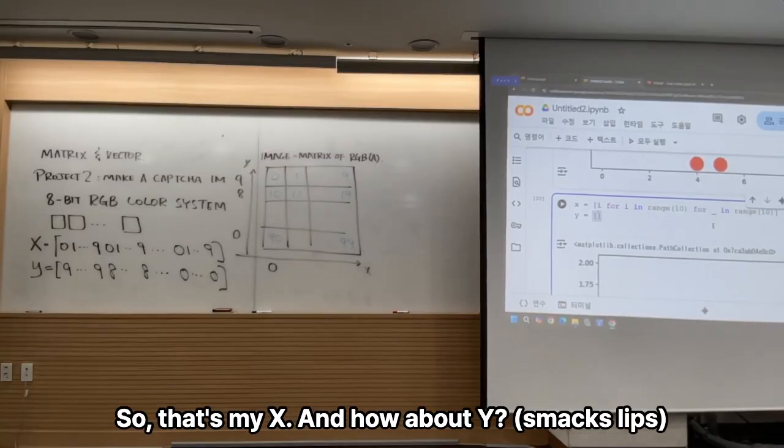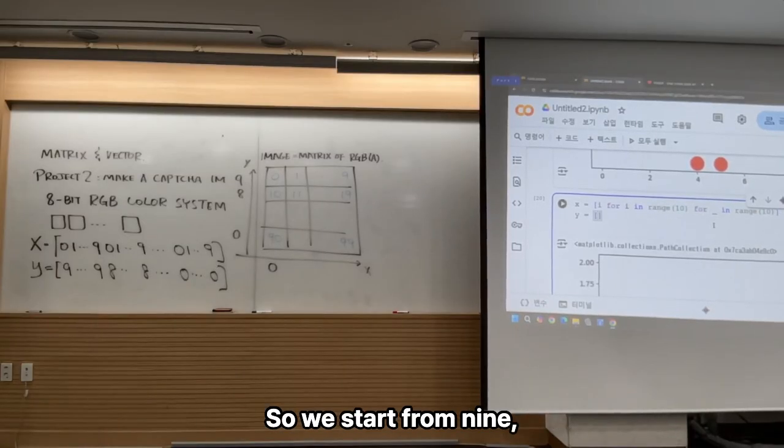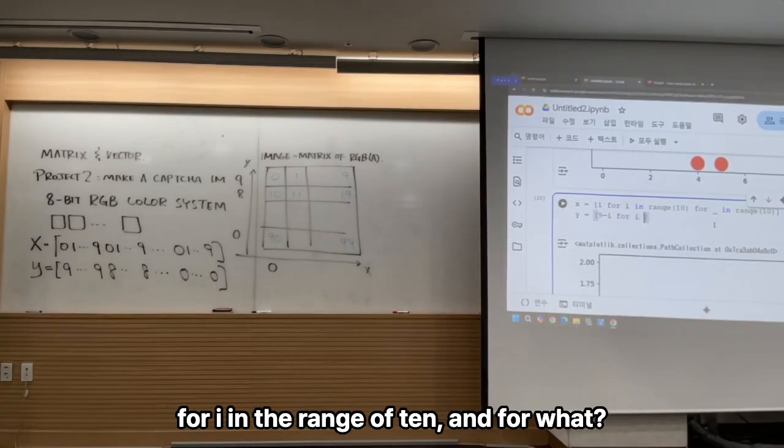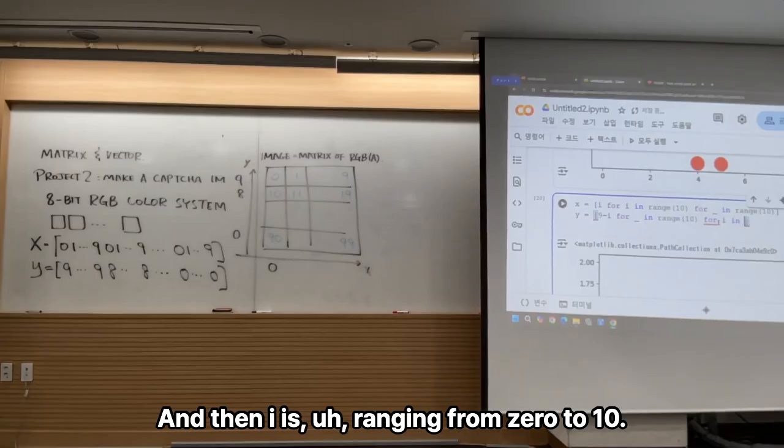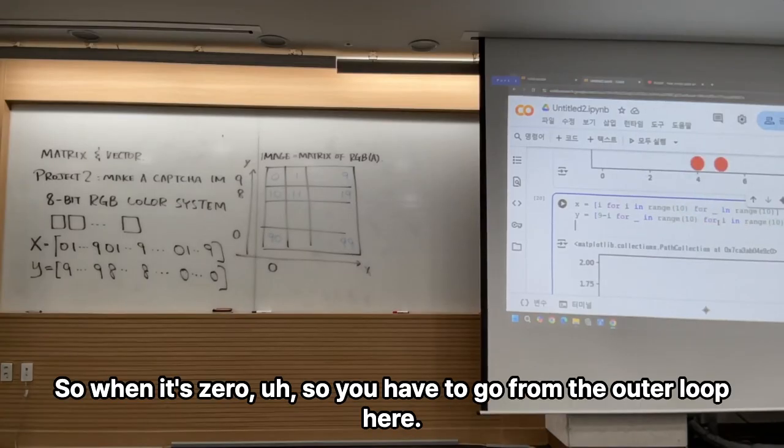And how about y? We start from 9, so it's 9 minus i for i in range(10), with the outer loop just repeating. The i ranges from 0 to 9.